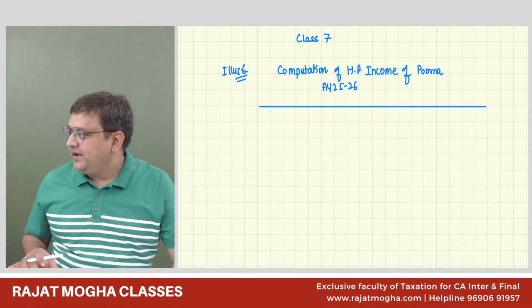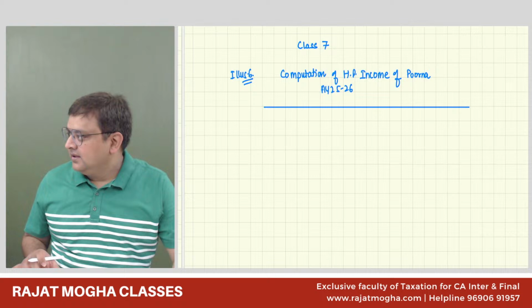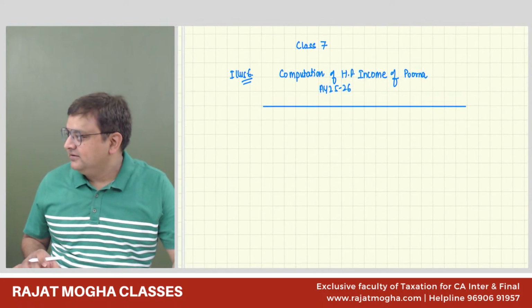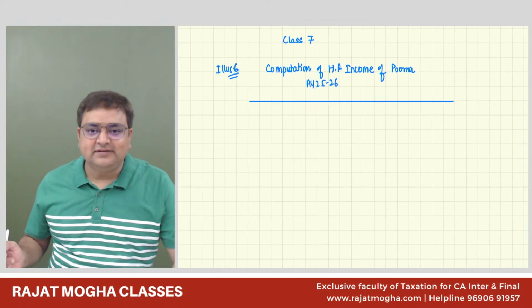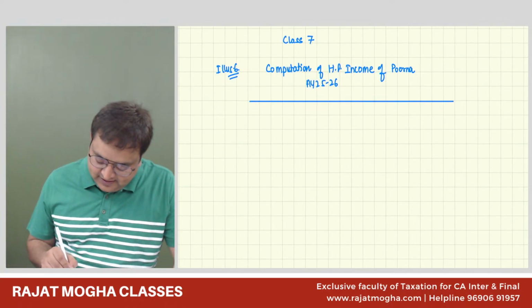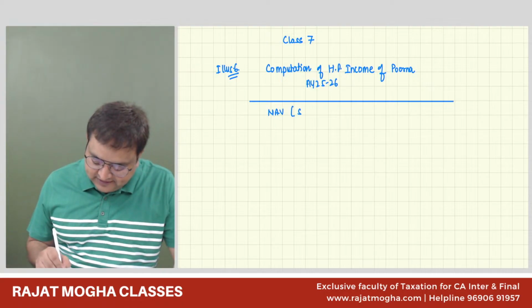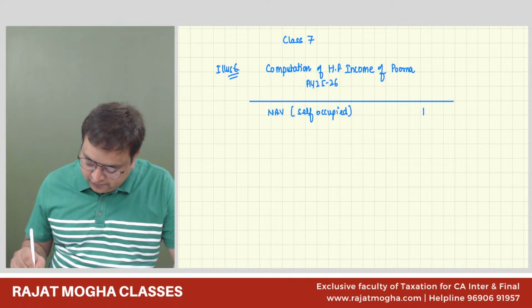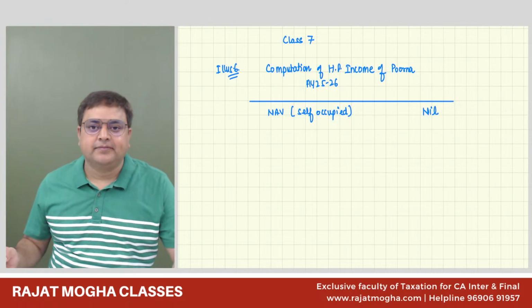So since the property, correct me, Likhita, Sugandha, correct, NAV nil. Meera, good morning. So in this case, NAV of the property, because it is self-occupied, would be nil.